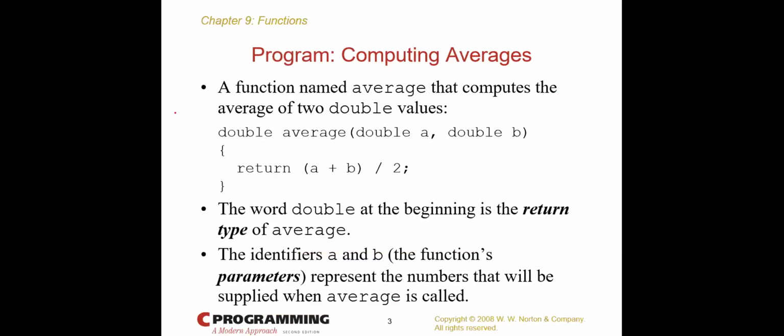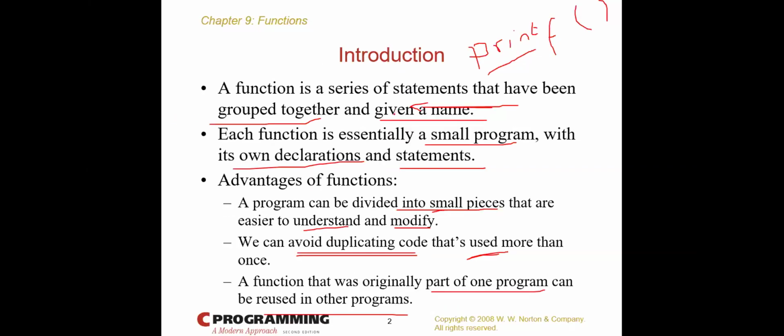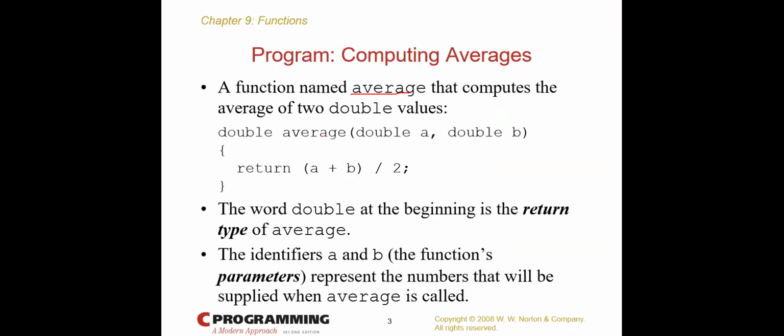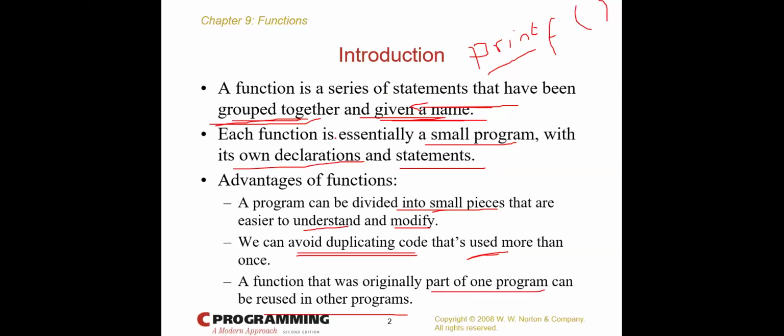So here is a function called average. Remember we said that it's a series of statements that have been grouped together and given a name. So let's start with the name. Look here. This is a function called average, and this is the name. Also, we said they have been grouped together.